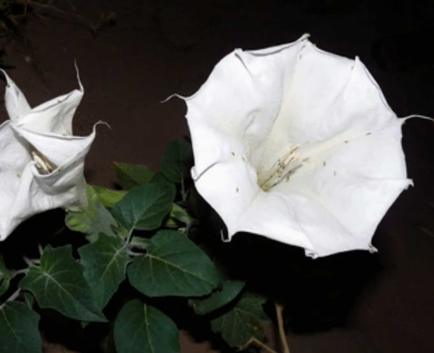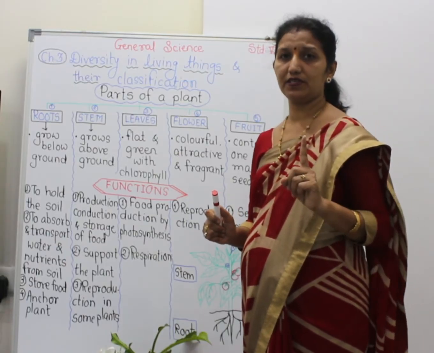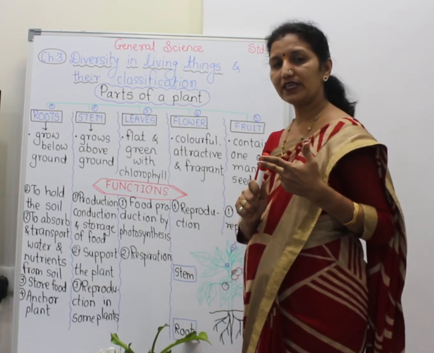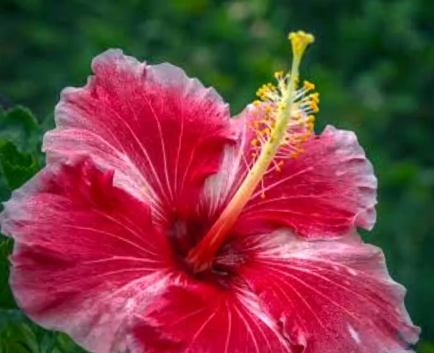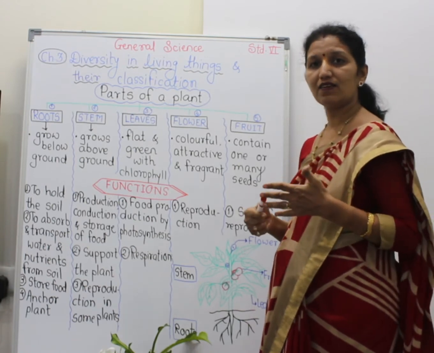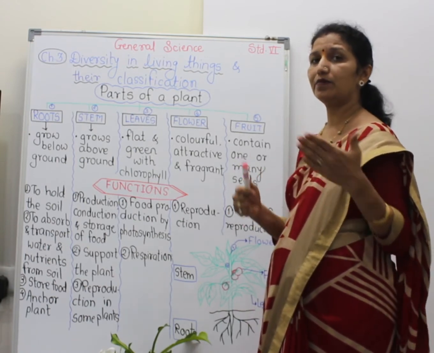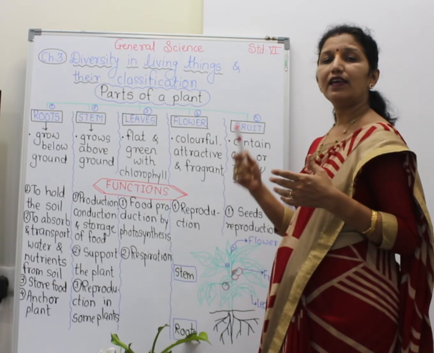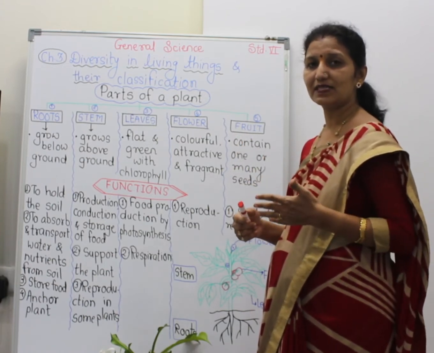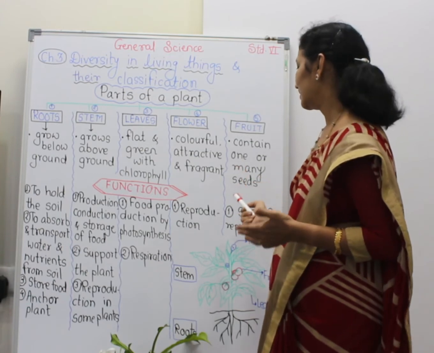And flower is the main organ of reproduction because it contains male reproductive organ as well as female reproductive organ in them. And we will see the structure of leaf, stem, root, flower in next year's syllabus in 7th standard.